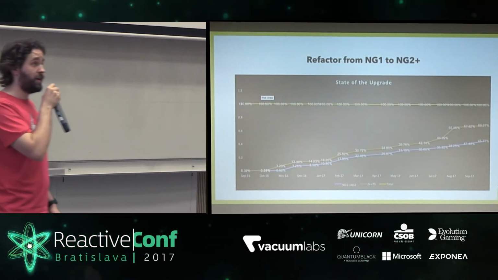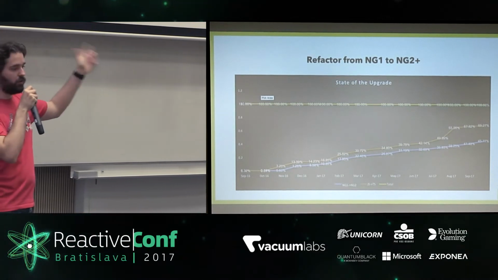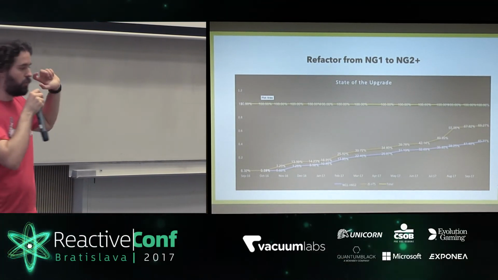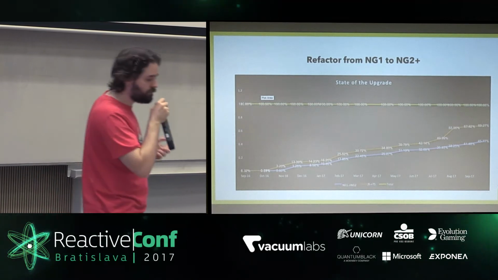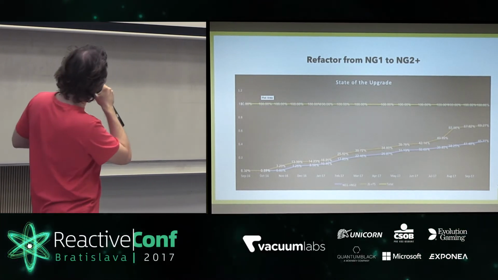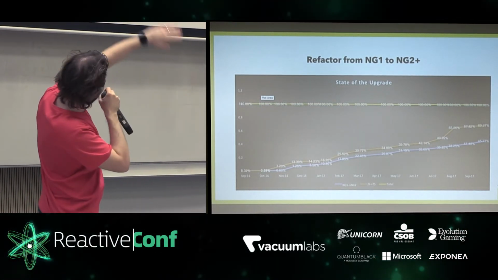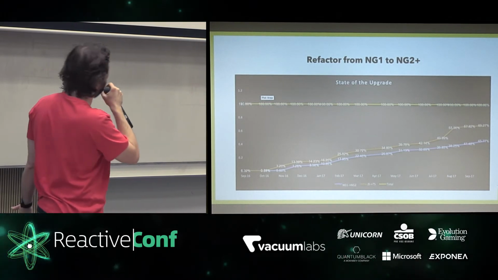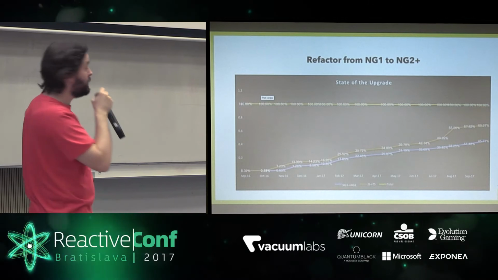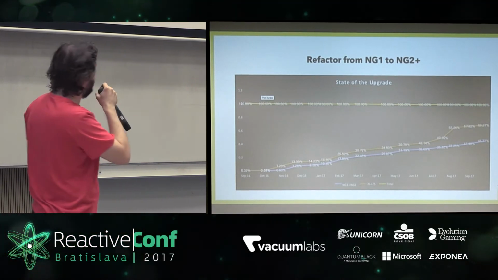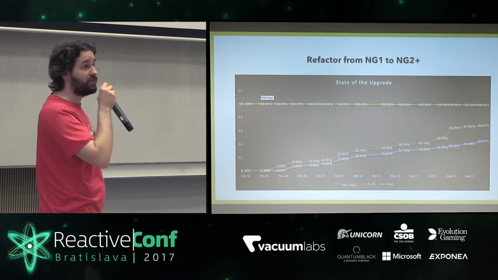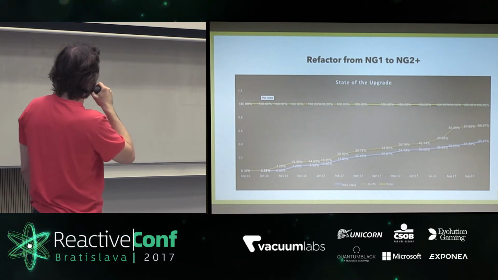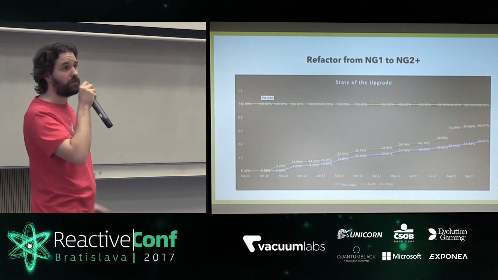For example, Exponia started one year ago refactoring from Angular 1 to Angular 2. Right now, you can see the blue trend says that we are almost at 50% after a year. One of the stakeholders, the founder of the company, asked me how long it would take to refactor the application.